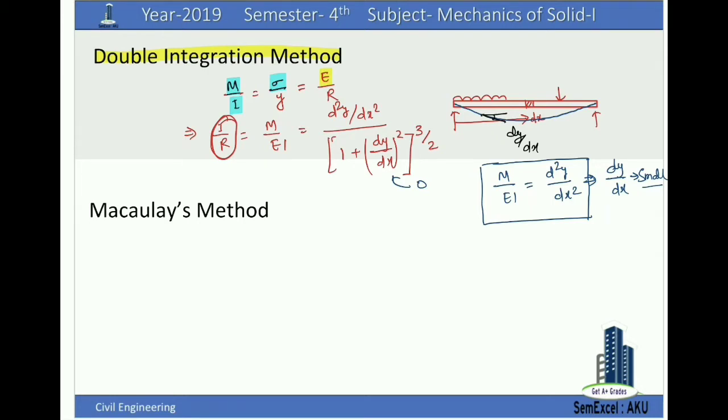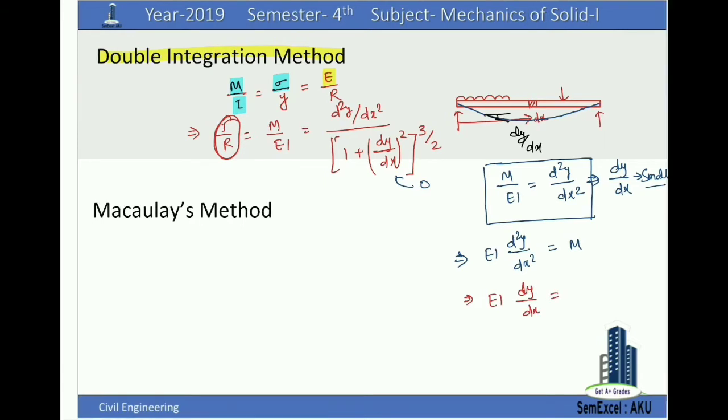We can write this equation as EI d2y by dx square is equal to M. If we integrate both sides, then we will get EI dy by dx is equal to some constant of integration plus integration of M. If you integrate once again, then you will get EI y is equal to C1 x plus some constant plus integration of whatever that we get from the previous step.